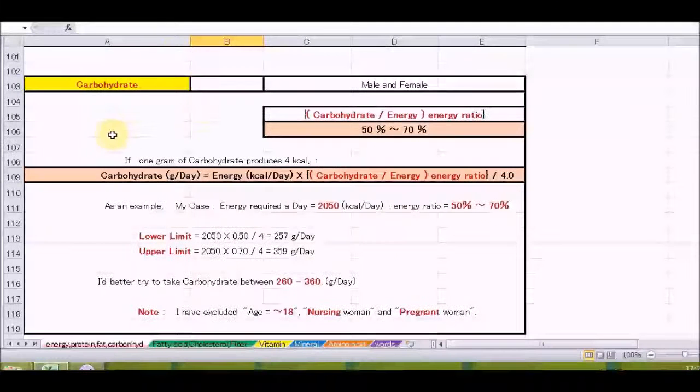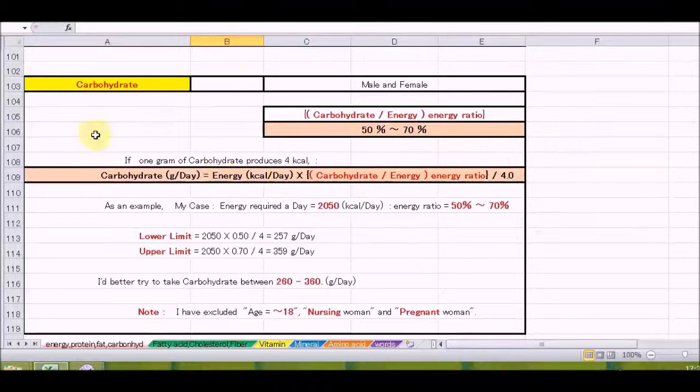Well, carbohydrate can be calculated by this table. If 1 gram of carbohydrate produces 4 kilocalorie, carbohydrate can be calculated by this equation: energy multiplied by carbohydrate energy ratio divided by 4.0.